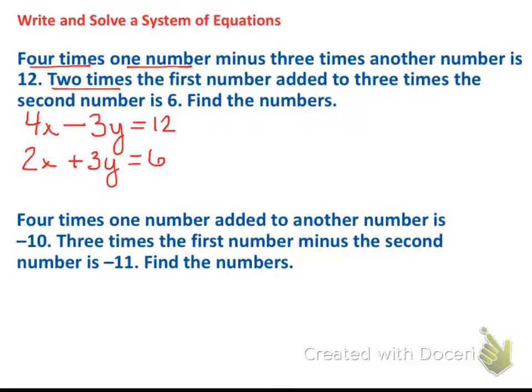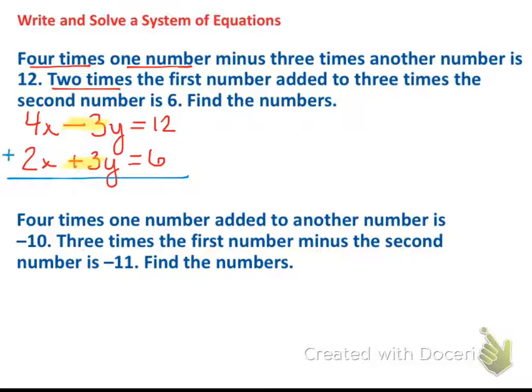Okay, so now that we have our system of equations written, all we have to do is solve. What would you guys recommend I do to solve this one? Graph, substitution, elimination? Well, if you notice, both of our y coefficients are 3's. So that means that elimination is going to be pretty easy. Do I need to add or subtract?